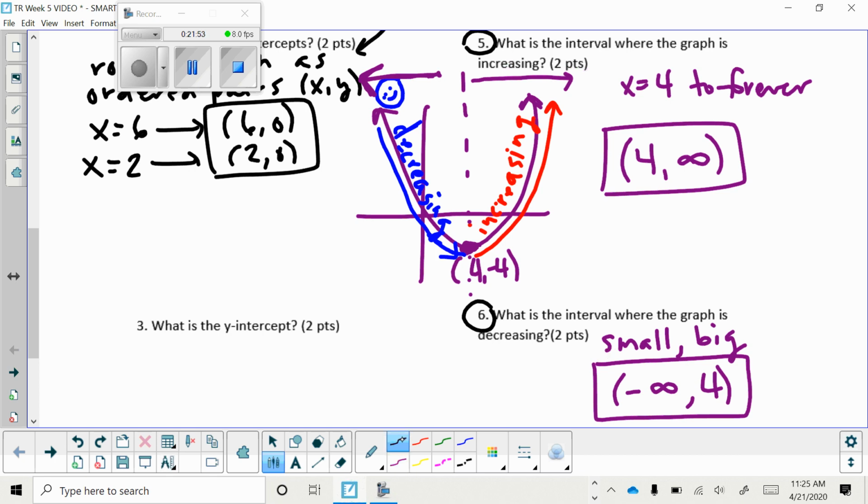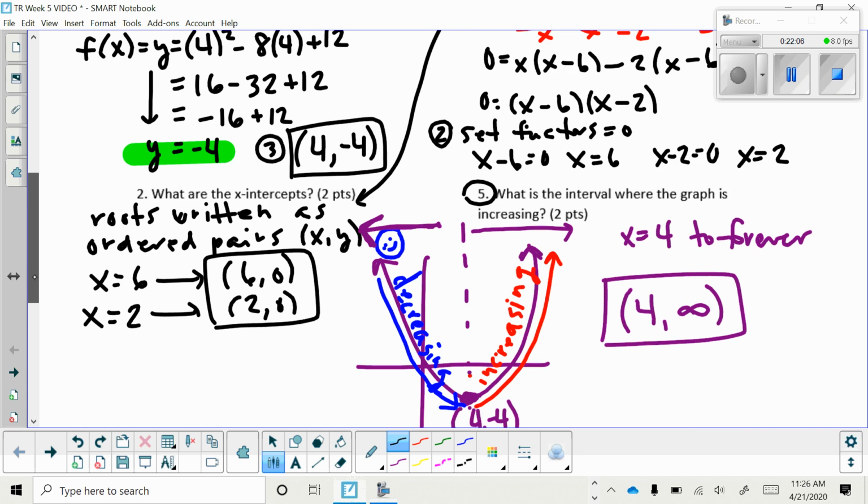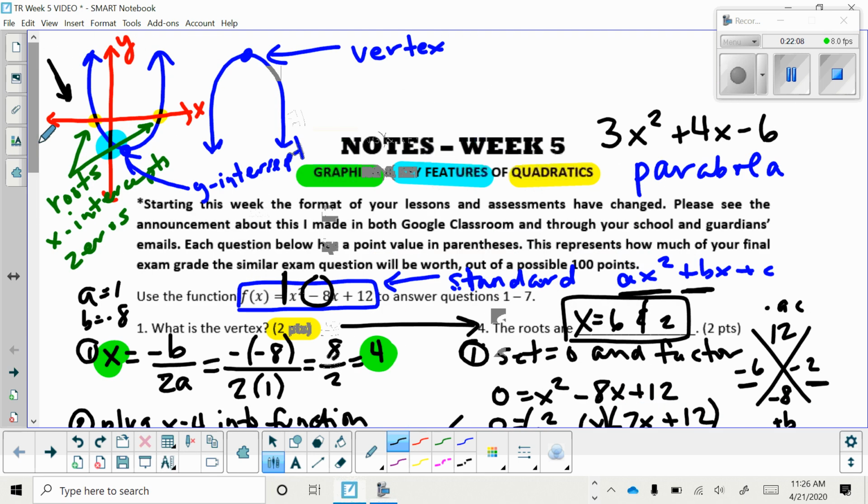All right. So then the last question on this page, so I went from 5 to 6, and now I'm going over here to 3. What is the y-intercept? Well, way back up here at the top of the page where I had all this crowded information. So I'm here again, to the top left.